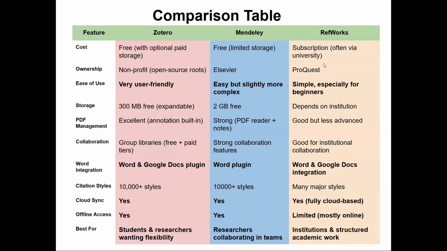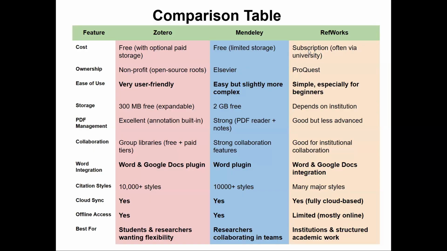So this slide provides a comparison between the three reference management tools we have tackled, using Zotero and Mendeley, with the key differences between the three being that with Zotero, it's user-friendly. Mendeley is easy but more complex, and RefWorks is simple, especially for beginners.